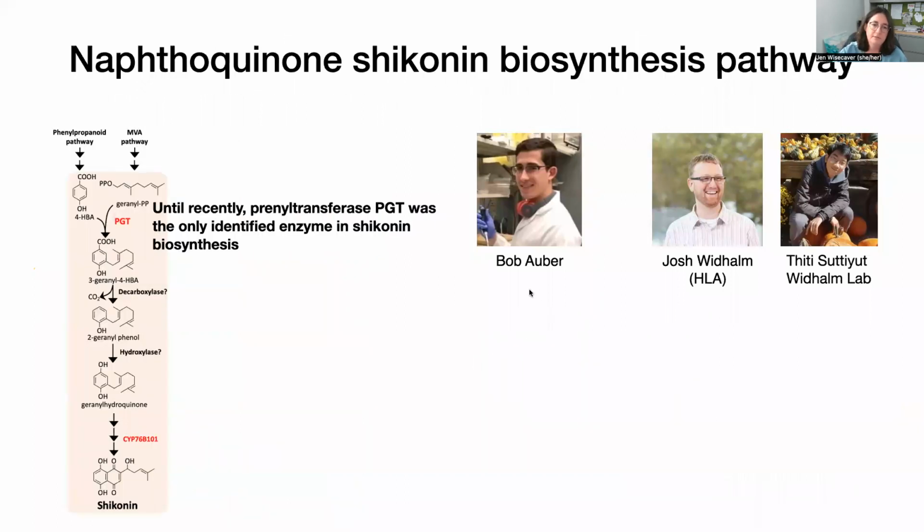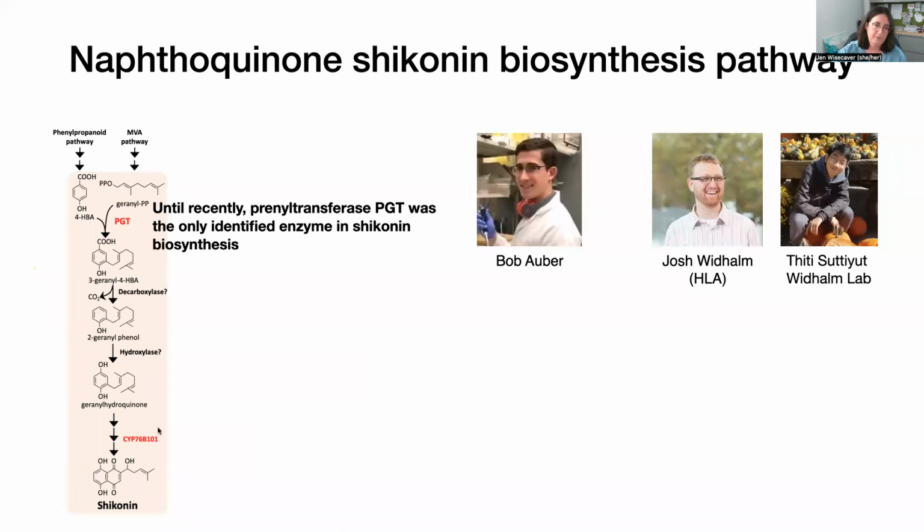So up until recently, only this prenyltransferase PGT, shown here, was the only identified enzyme and gene that had been linked to Shikonin biosynthesis. More recently, in the last few years, when we were already teasing apart this project, an additional cytochrome P450 was identified that can act on this geranyl hydroquinone substrate later on in the pathway.